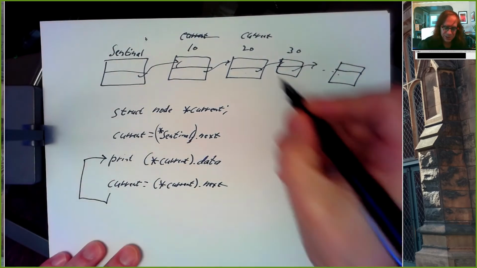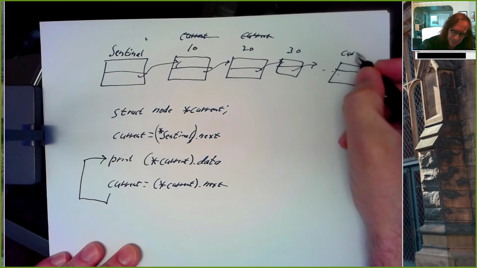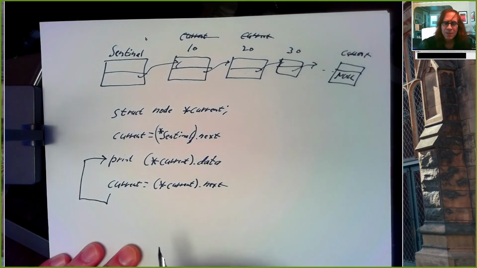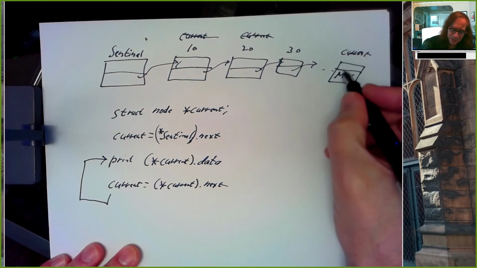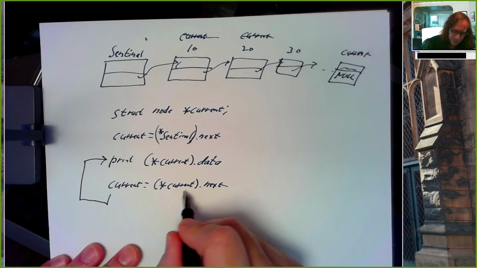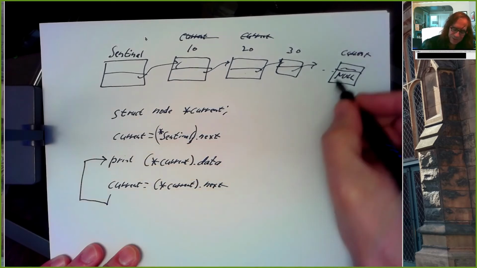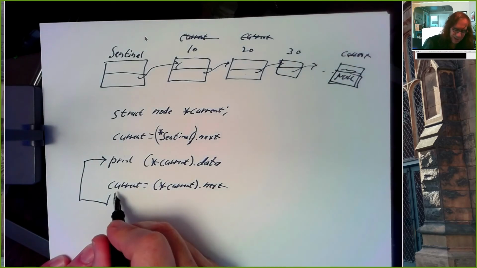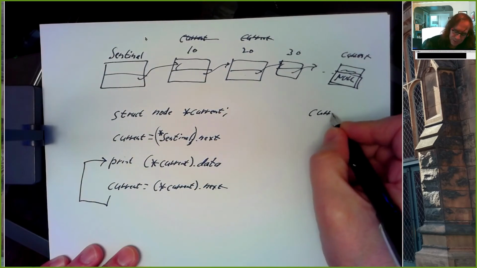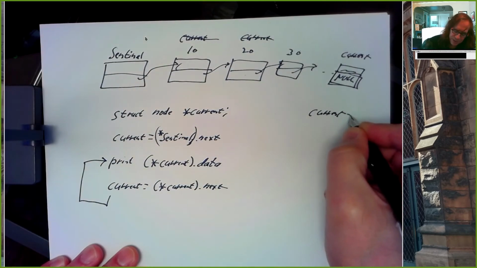And we're going to do this loop until we get to this last node. So at this last node, we'll print out the data field right here. We'll set current equal to the thing current points to's next field, which will be this. So at the last node, after we've printed its data, current will be equal to null.